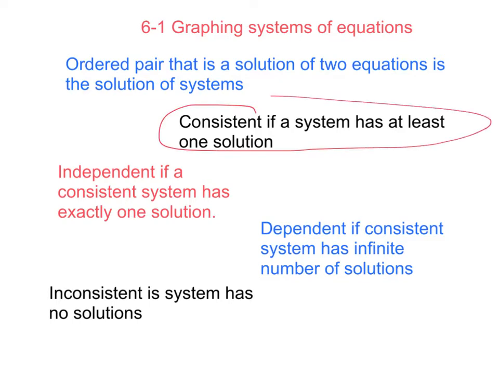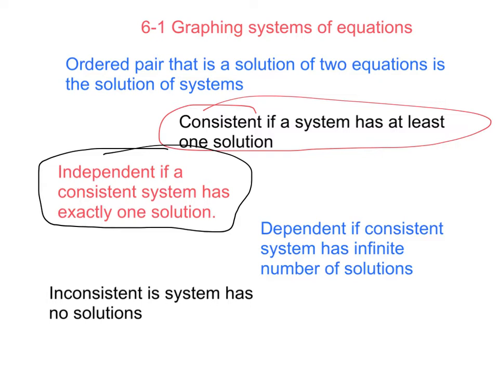A system is independent if it has exactly one solution, so two lines intersect at exactly one point.